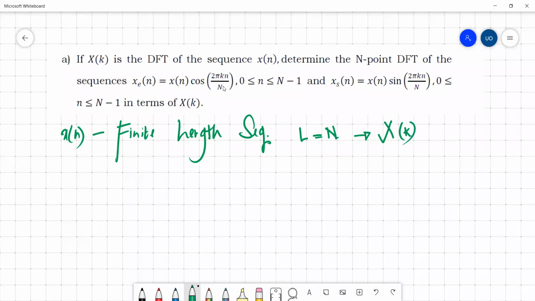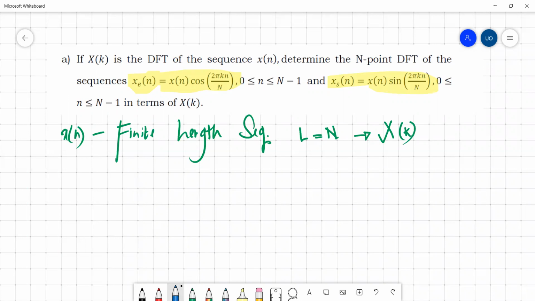Now we are asked to evaluate or represent the Fourier transform of these two quantities, x_e of n and x_s of n, defined like this, as functions of X of k. So how do you get it done?